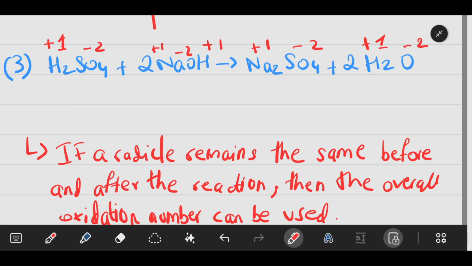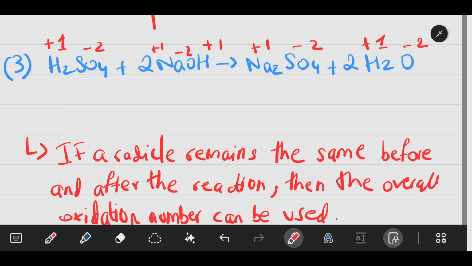So very quickly, what is getting oxidized and what is getting reduced? Isolate one element from the start. So hydrogen is a +1. I can now look at hydrogen, it remains a +1, so it's not getting oxidized, not reduced. For the whole of sulfate, it's the same as we discussed. Sodium is a +1, sodium is a +1 over here, and oxygen is a -2, oxygen is a -2 over here. Hydrogen remains the same as well, hydrogen is over here, hydrogen is over here.